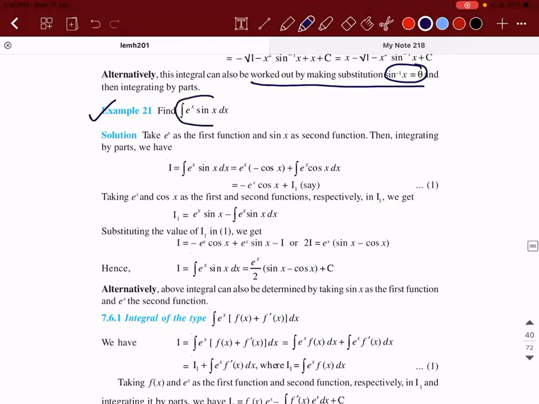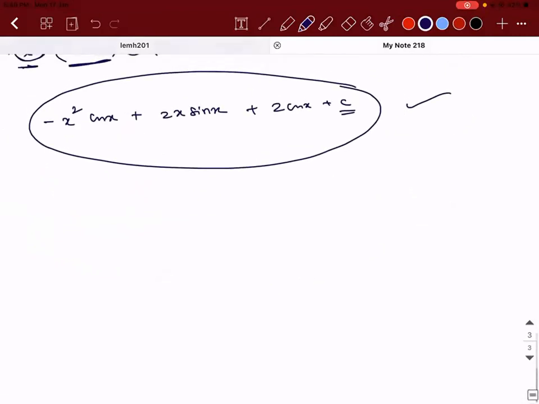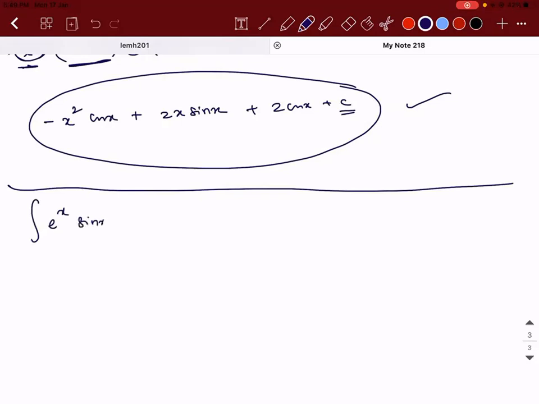21st. Integral of e power x into sin x dx. So exponential is last. Mark it as important. Integral of e power x into sin x dx.